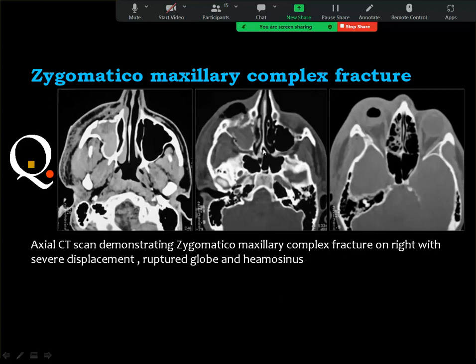In this type of fracture, you should look at the orbit because there may be associated entrapment of the inferior rectus muscle, and also there may be complications in the globe itself. In this case, there is evident rupture of the globe. The globe is collapsed and there is intraocular air.